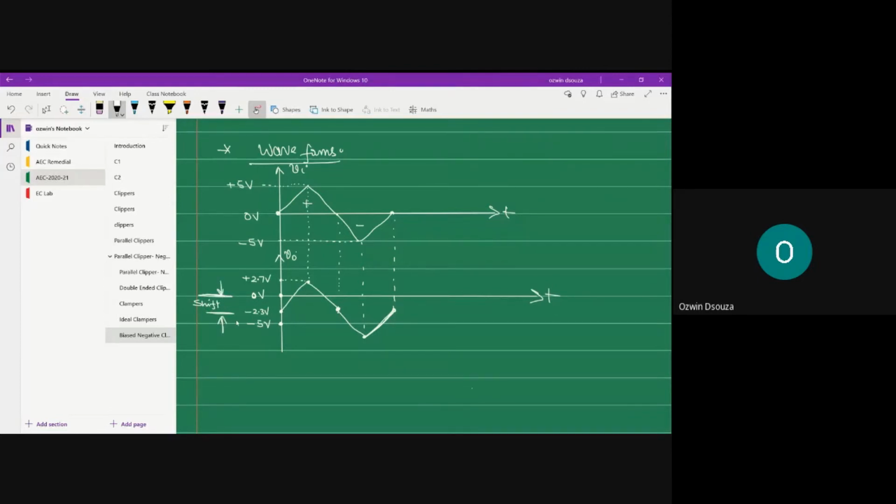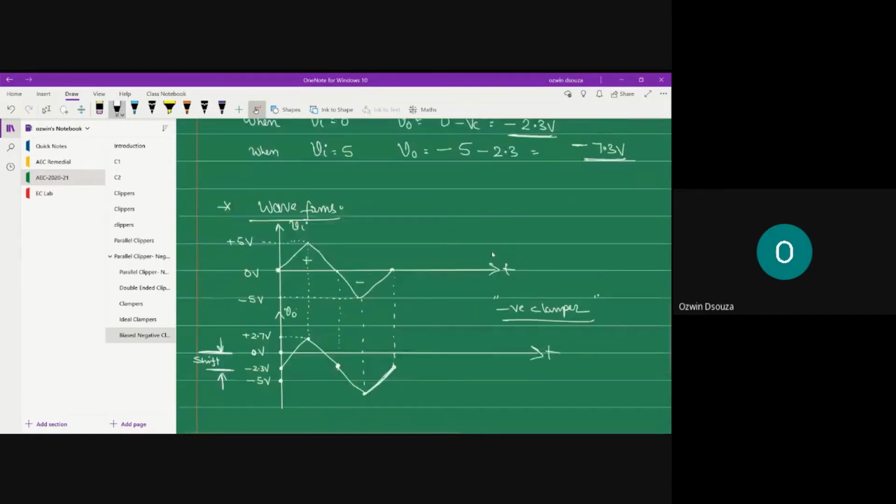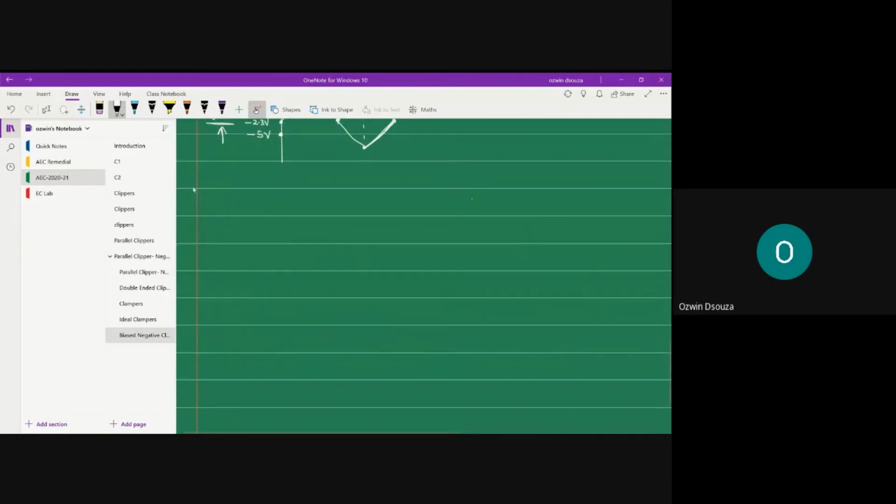This is the shift. As you can clearly observe, the wave is getting pushed down, hence it is a negative clamper. You can also try drawing its transfer characteristics. Next, let me write the transfer characteristics.